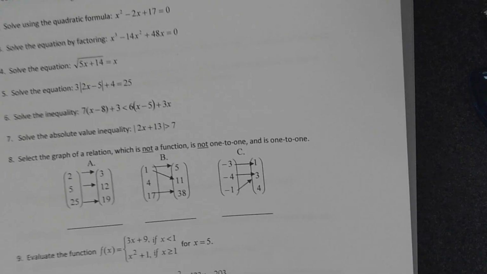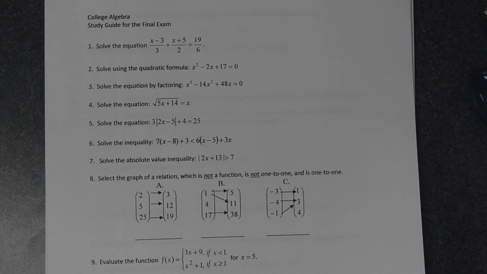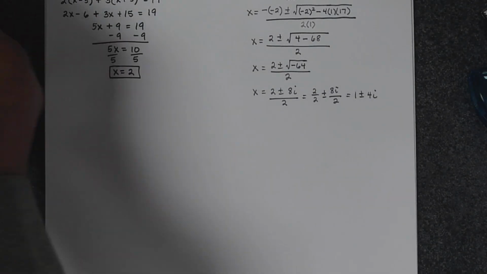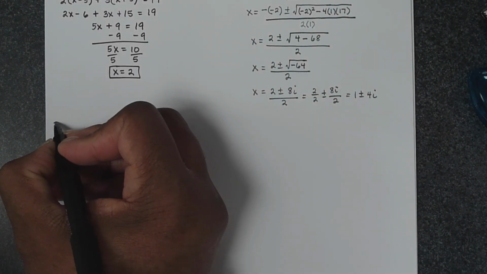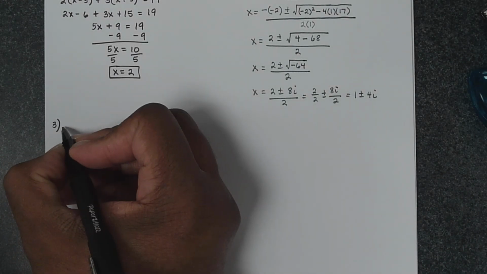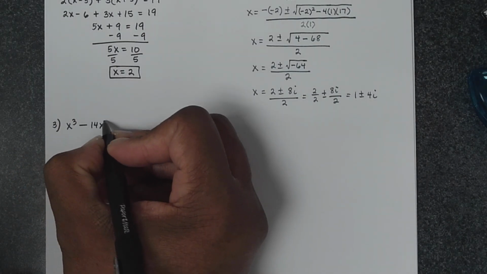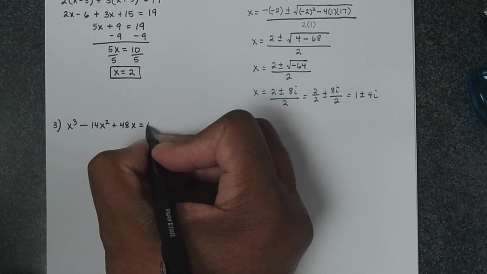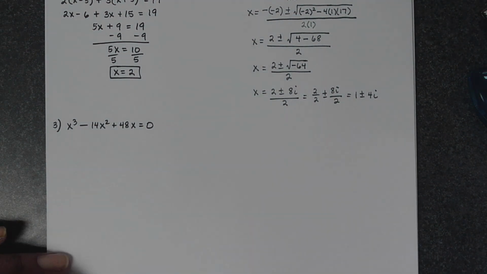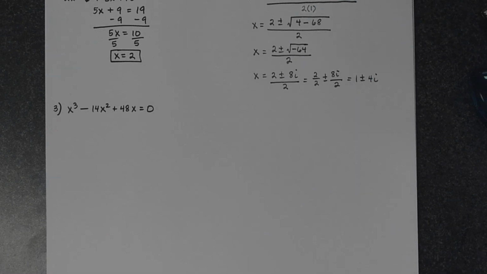Problem number 3 is to solve the equation by factoring. Here we got x cubed minus 14x squared plus 48x equal to 0. Now we're going to solve this by factoring as indicated in the directions here.